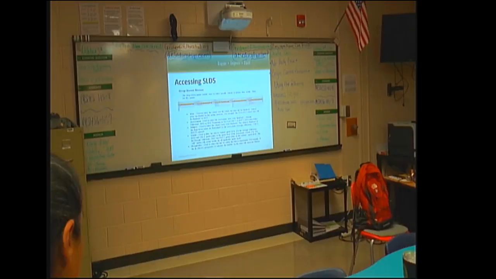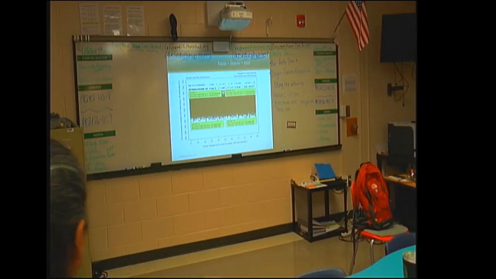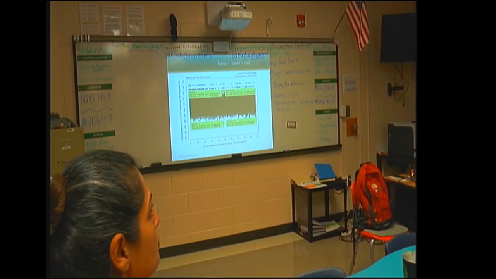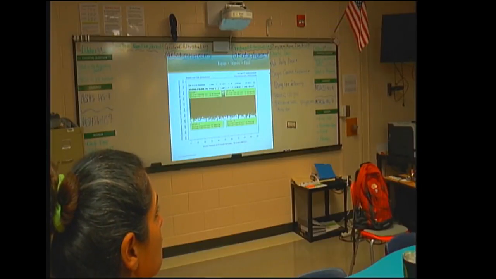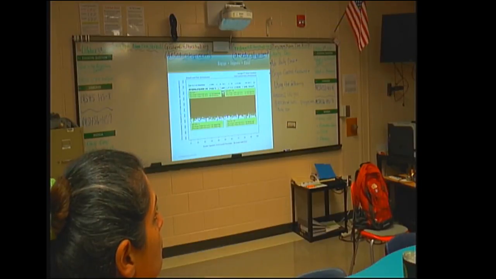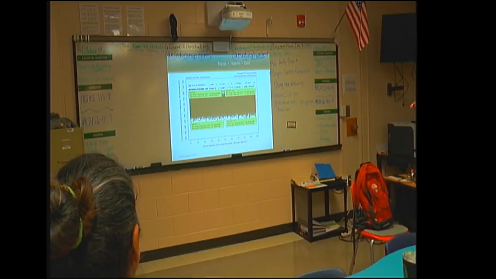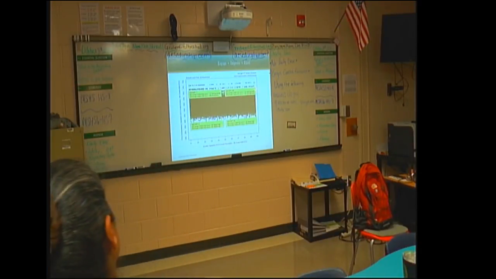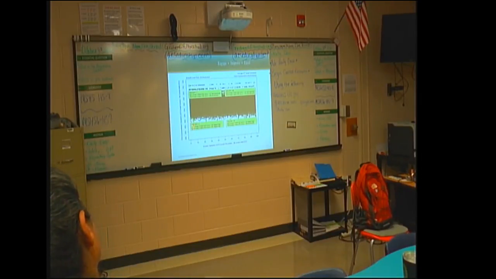If you flip to the back, the information that we spoke on here, when you see it in your SLDS, you'll read it the same way. So this quadrant up here: high achieving, low growth; high achieving, high growth; low achieving, high growth; low achieving, low growth. Okay?